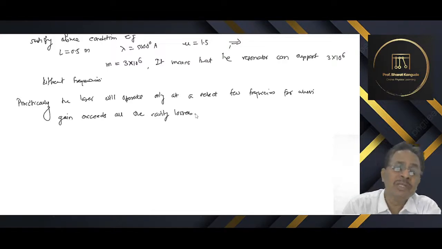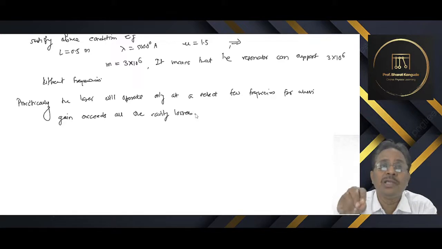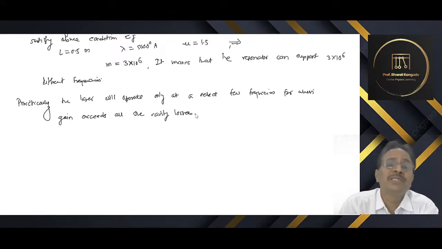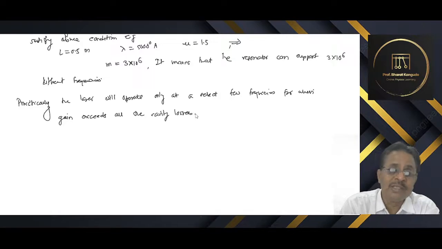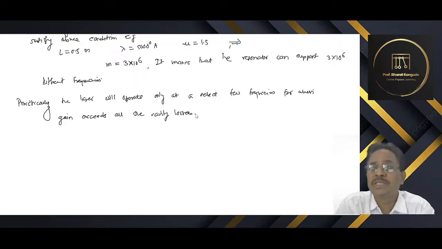So theoretically, even if we say this laser will generate this wavelength, practically it is not possible, because to have a practical output the gain must exceed all the cavity losses. Only then will such selected frequencies be possible.